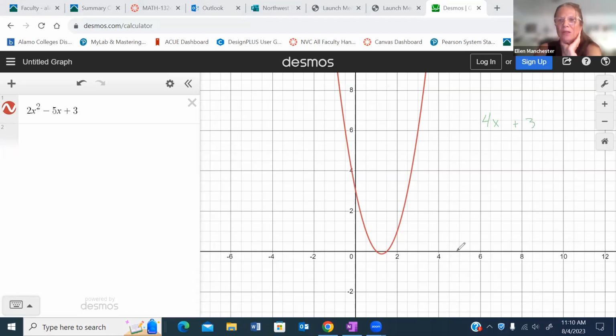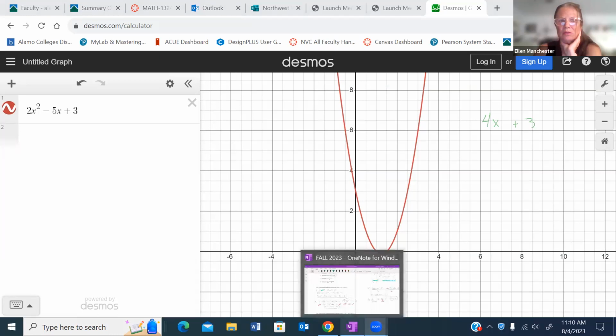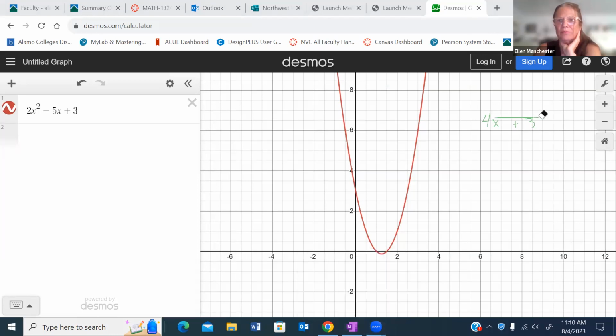Let me double check. Oh, I'm sorry. Not plus 3. Hang on. So our derivative was 4x minus 5, excuse me. So this is our definition of the derivative.